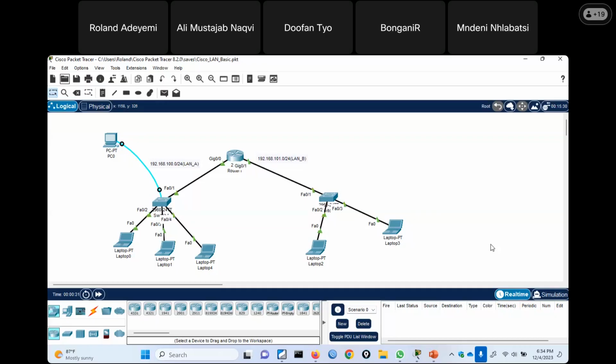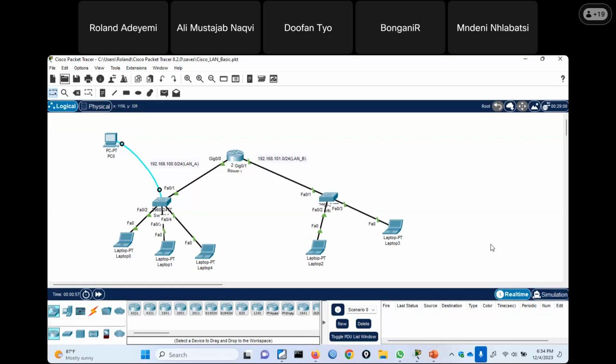Anytime you have just one router, you do not need a routing protocol because that router is directly connected to all the LANs. But the moment you have two or more routers, that is when you need a routing protocol. What is the definition of routing protocols? Communication language between two or more routers to exchange information about remote networks.